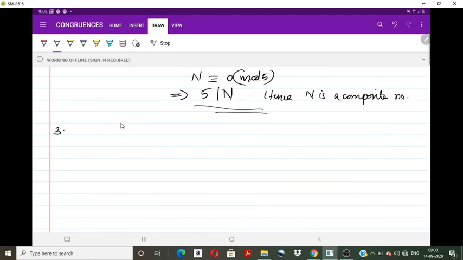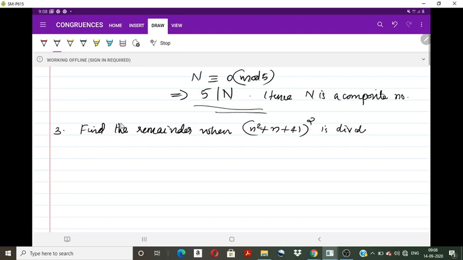Now we take problem number 3. Find the remainder when n square plus n plus 41 whole square is divided by 12.